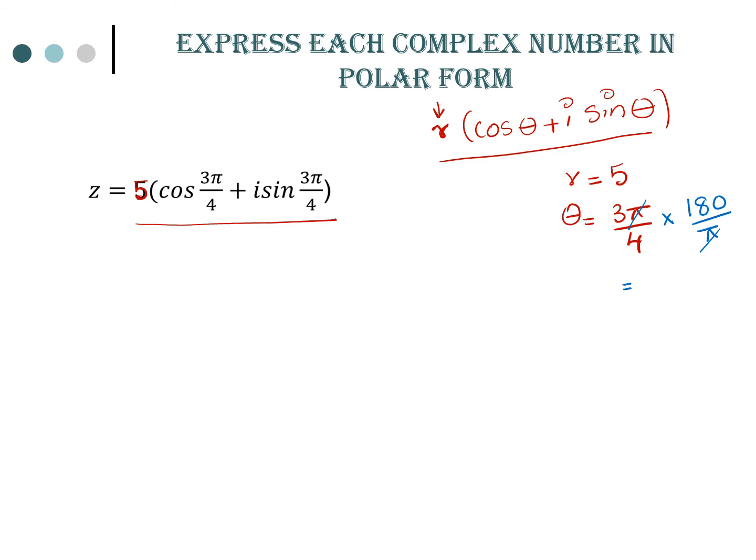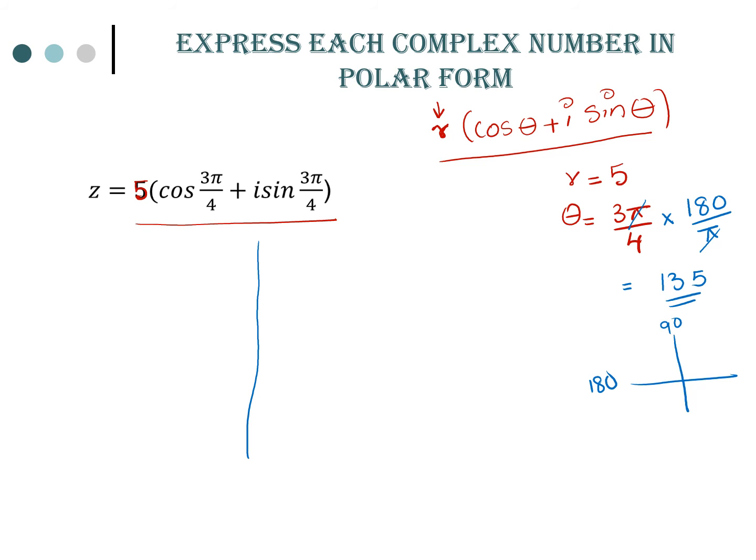I guess we get 135 degrees, but let me check: 3 times 180 divided by 4 is 135 degrees. Yes, it is 135 degrees. Now 135 degrees is in between 90 degrees and 180 degrees. So theta is 135 degrees and r is 5.